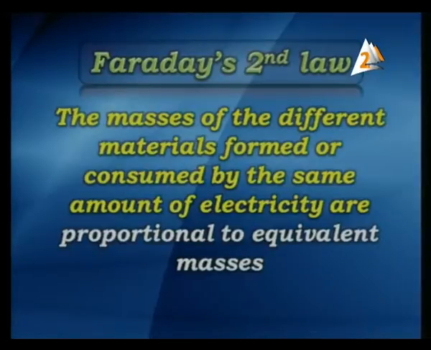Second law: the masses of different materials formed or consumed by the same amount of electricity are directly proportional to their equivalent masses. It's good. This is the second law. What about making a relationship between the first law and the second law of Faraday?